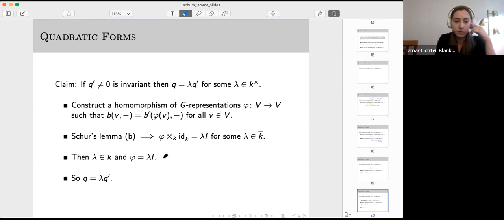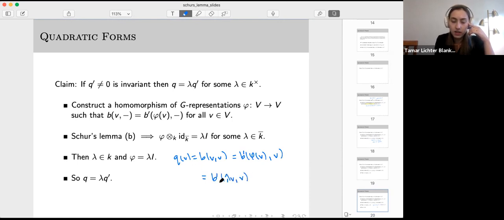Just to write this out in terms of the bilinear forms, Q of V is B of V, V, which by the definition of phi is B of phi of V, comma V. And from Schur's lemma, this is lambda B prime of V, V, and then by bilinearity, this is lambda Q prime of V. That's the idea.